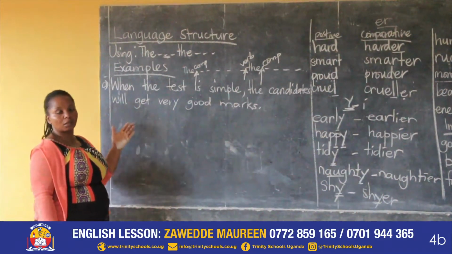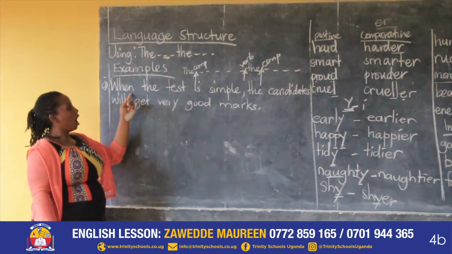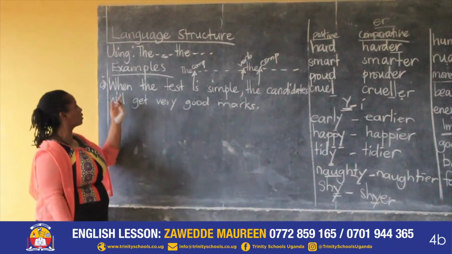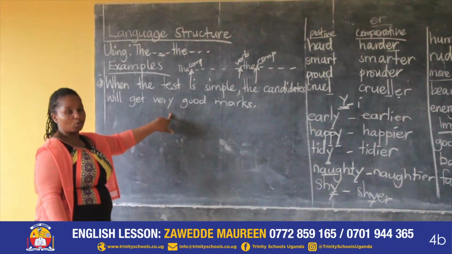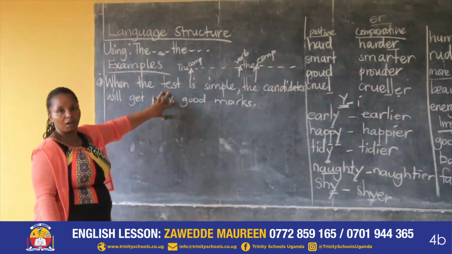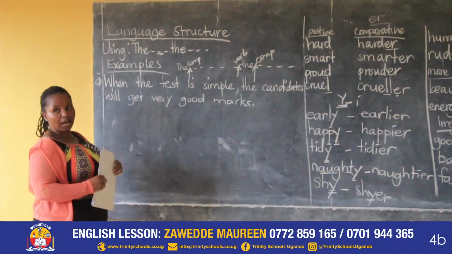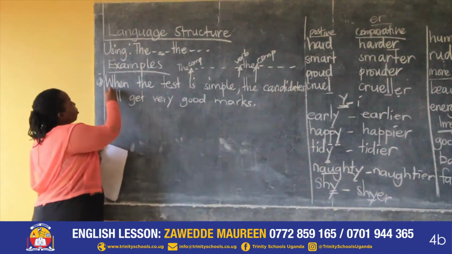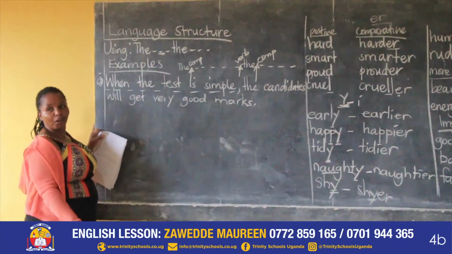So in this case, we first see how we are saying, when the test is simple, the candidates will get very good marks. The test will first be simple, that's when the candidates will get very good marks. So in this sense, candidates, we are going to look for an adjective here.